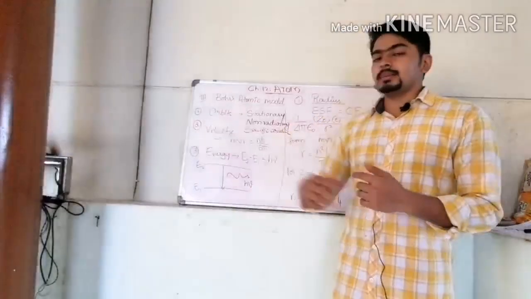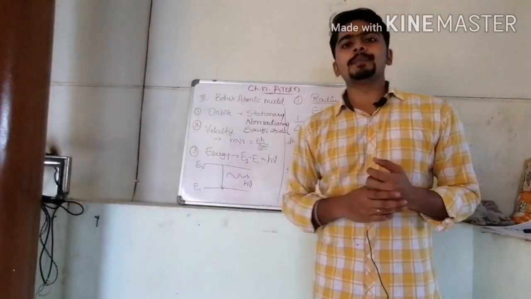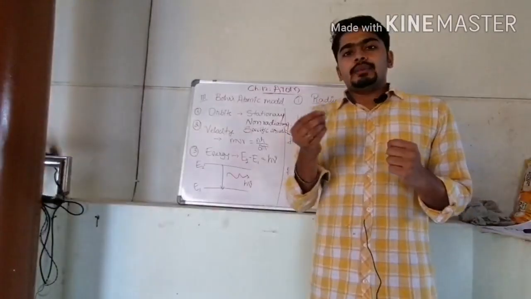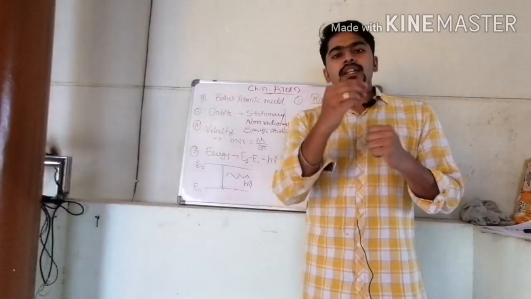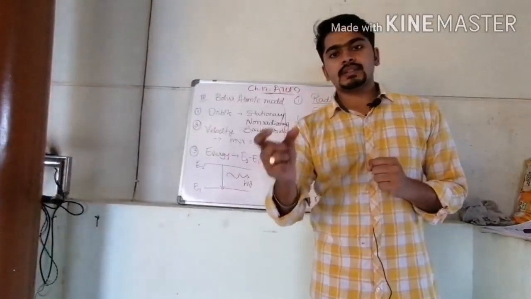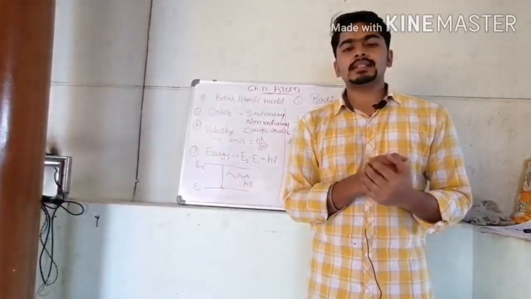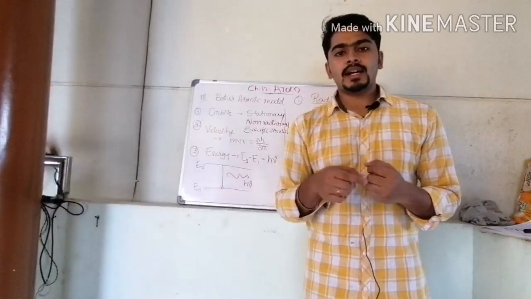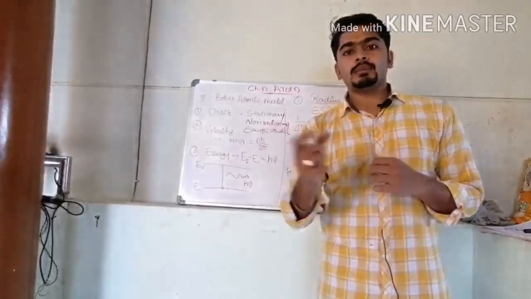Similarly, the next postulate explains the velocity of an electron. The electron moving in a circular path must possess some velocity, which means it has some momentum. Since it is performing a circular path, it should have angular momentum.